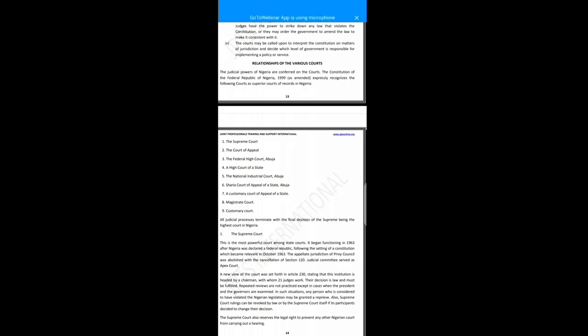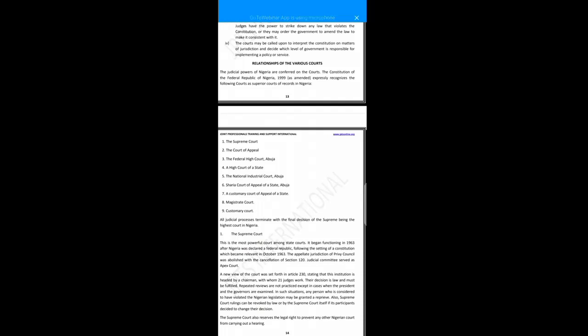So the jurisdiction of the council was abolished with the cancellation of Section 120. Therefore, the Judicial Committee serves as apex court. A new view of the court was set forth in Article 230, stating that this institution is headed by a chairman with whom 21 judges work. Thus, their decision is law and must be fulfilled.